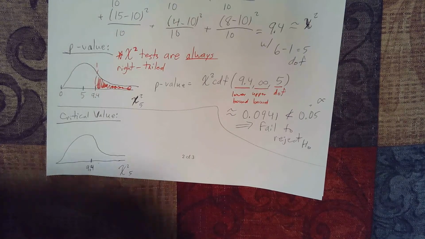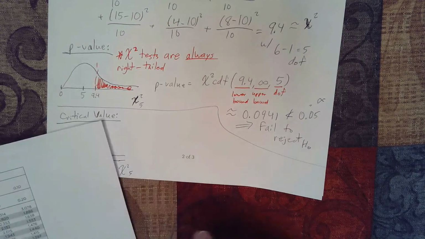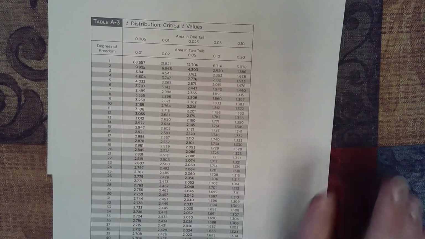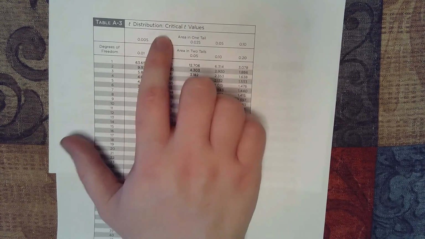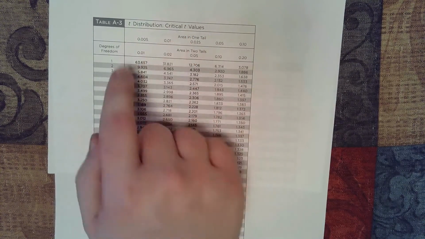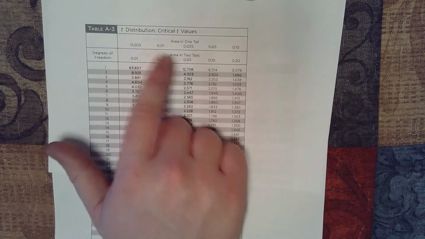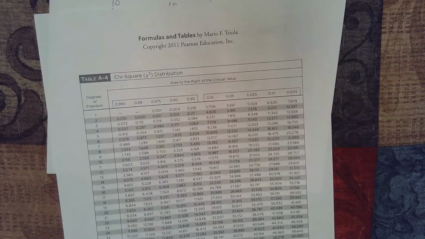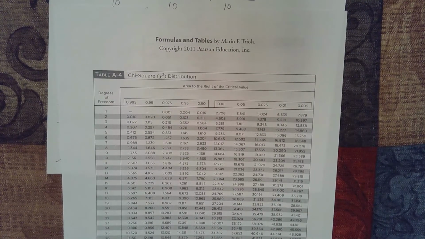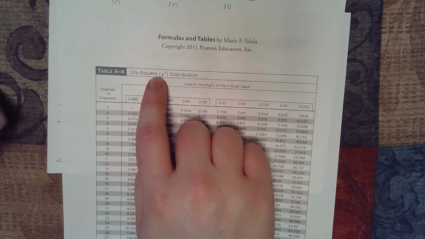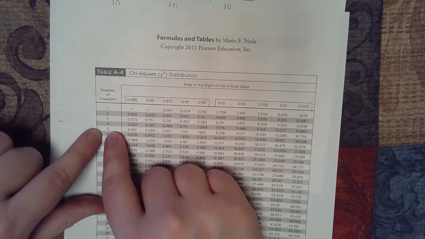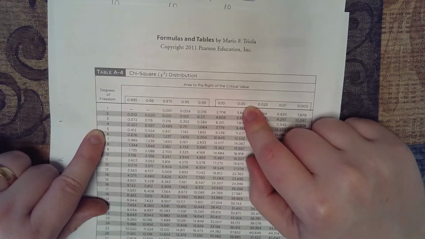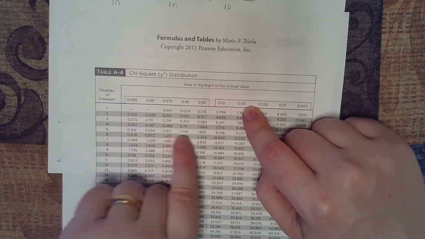In the notes section, right around where you found the blank version of this note packet, there is a table that has, on the first page, critical values for the t distribution based on your number of degrees of freedom and your area for one tail versus two tails. And on the back side of that, or on the second page if you're scrolling on the PDF, there's one for the chi-squared distribution as well. So we'll find our number of degrees of freedom, 5, and our area to the right of the critical value, in this case 0.05, and figure out where those meet.